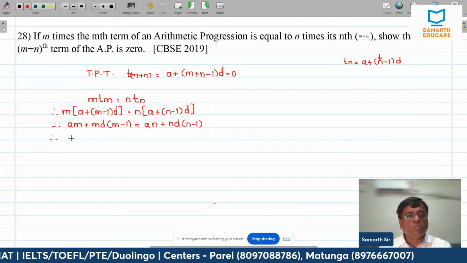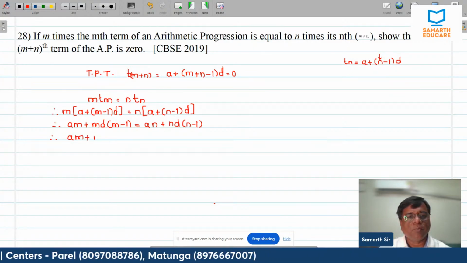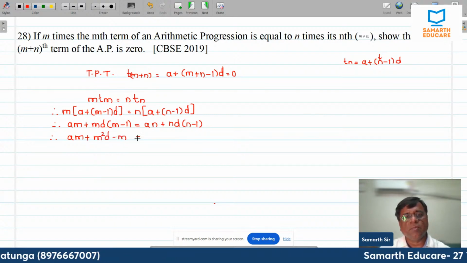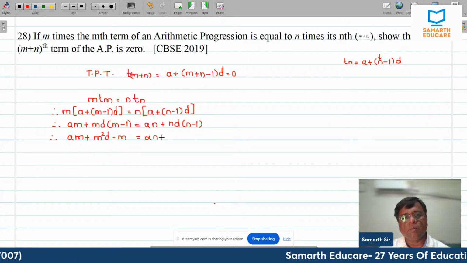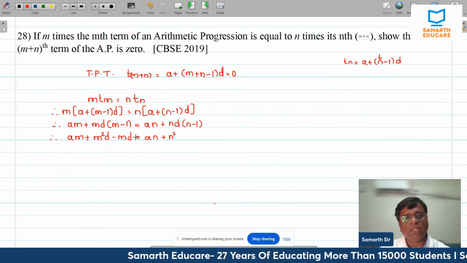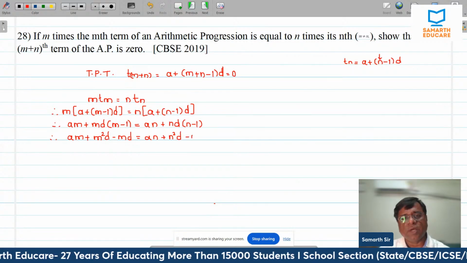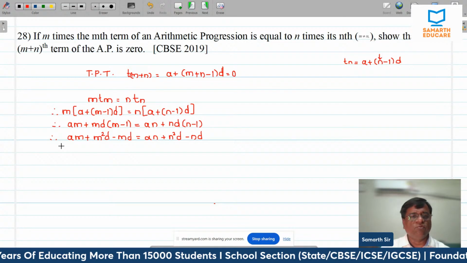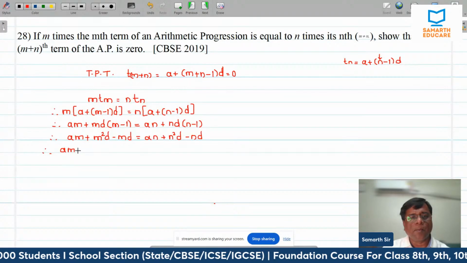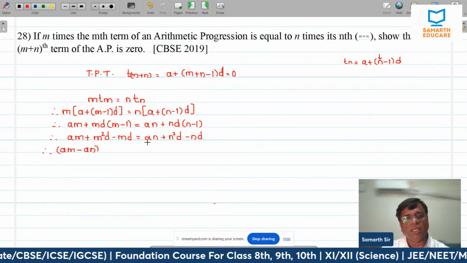Now here am plus m square d minus md is equal to an plus n square d minus nd. Let us take everything on the left hand side one by one. am minus an, that has come to the left hand side.